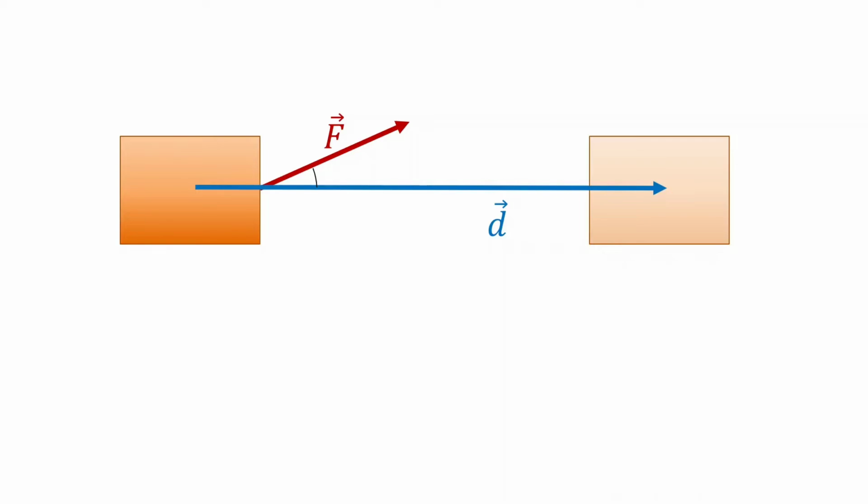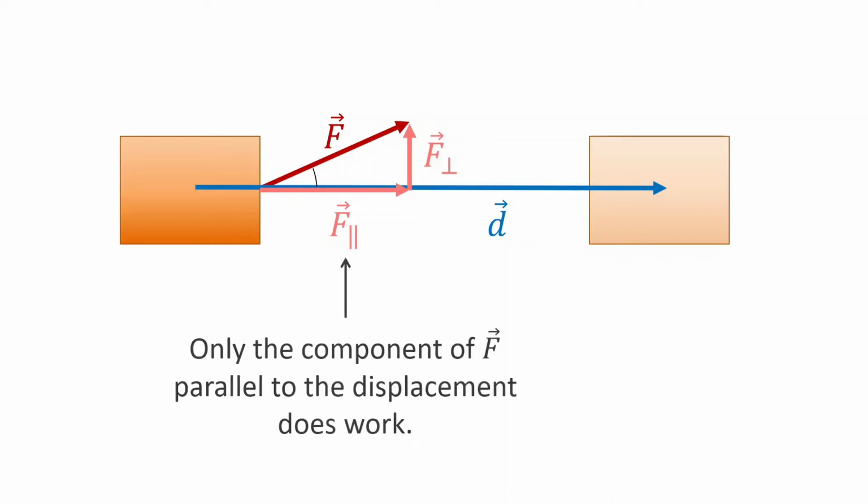We can always split the force into one component that is parallel to the displacement and a second component perpendicular to the displacement. The way work is defined says that only the component of the force that is parallel to the displacement contributes to do work.